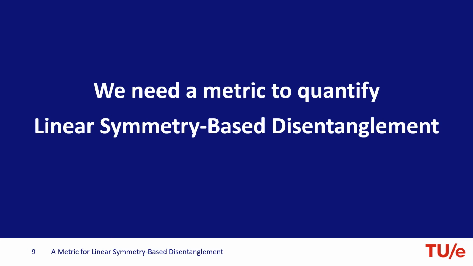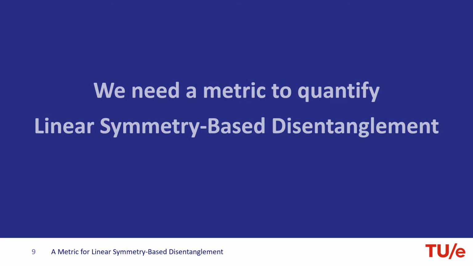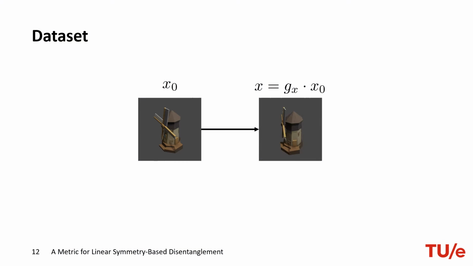Even though we have a definition, we still need a metric to quantify linear symmetry-based disentanglement. In this paper, we propose a metric to measure linear symmetry-based disentanglement. In order to evaluate the level of linear symmetry-based disentanglement of an encoding, we require a dataset which has all generated images from a single base point, x0, through group transformations.